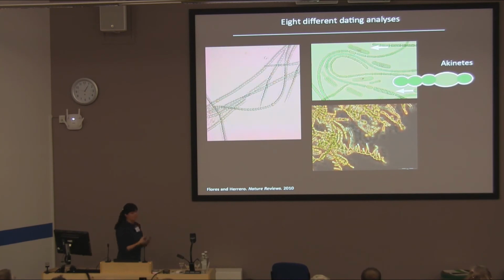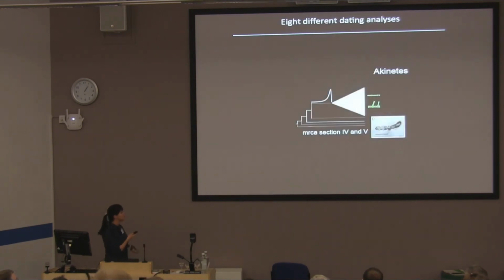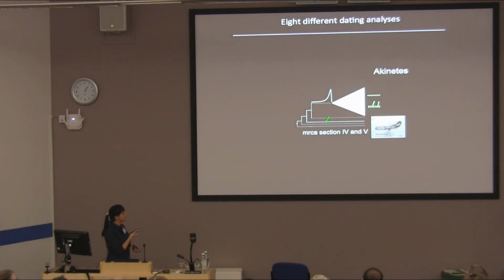So the akinetes are formed by multicellular cyanobacteria that can do terminal cell differentiation. I showed you they seem to cluster, they seem to be a monophyletic group. So we can use this information. We do have fossil akinetes around 2.1 billion years ago. Given that this group seems to be monophyletic, we can use those akinetes to calibrate the origin of this group with terminal cell differentiation.